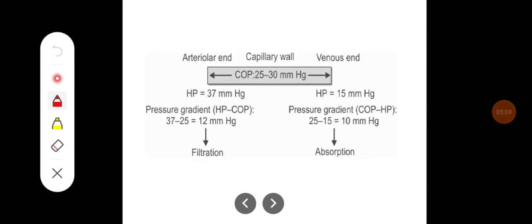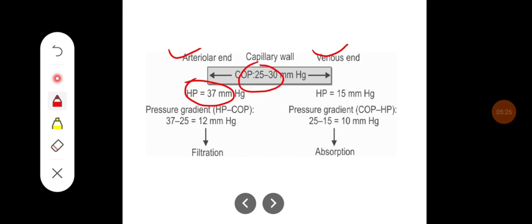So these are the factors which are affecting the Starling forces. They are going to differ at the arteriolar end compared to the venular end. The hydrostatic pressure at the arteriolar end is 37 mm of Hg and the osmotic pressure is constant. It is around 25 mm of Hg.